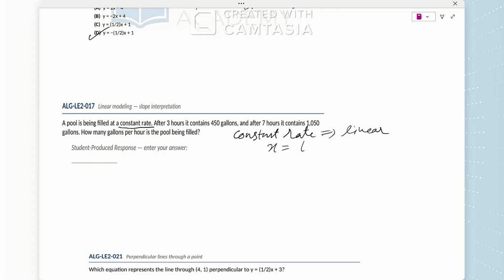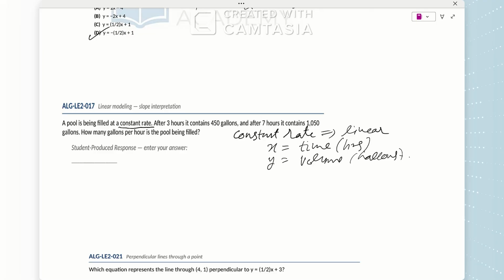Independent is x, which is time here, in hours. What is y? y is the volume, in gallons. So these are the two things we have to quickly keep in mind, that this involves two variables, x and y. x is the time, y is the volume.